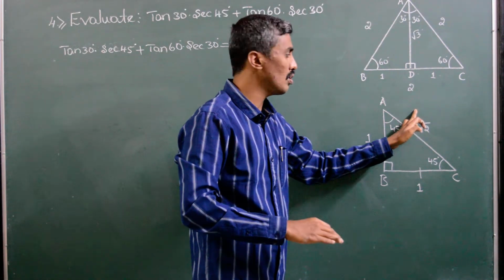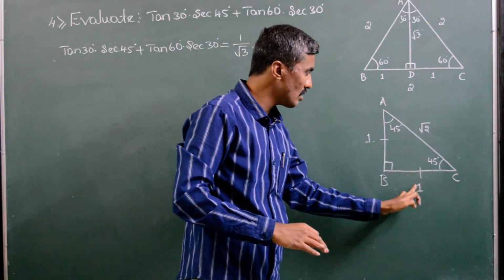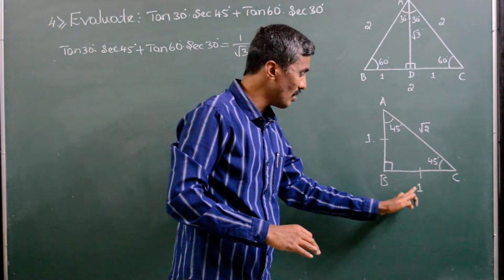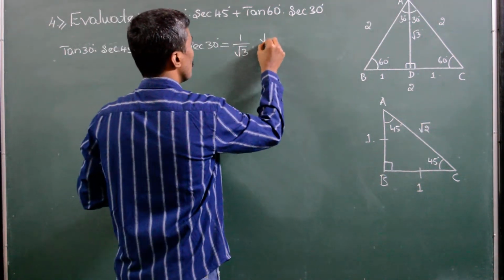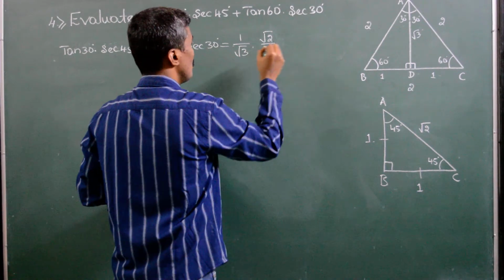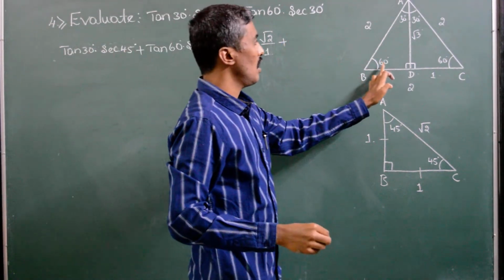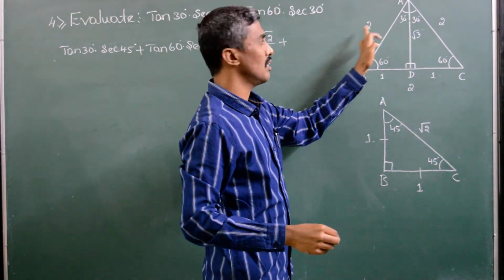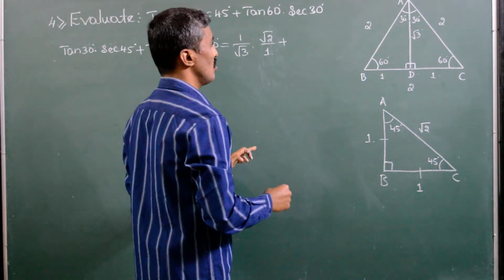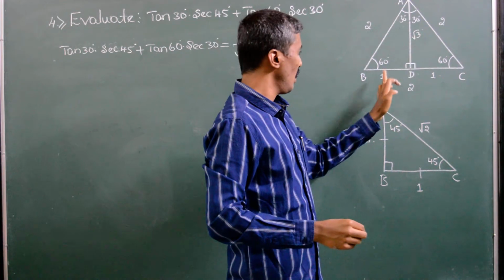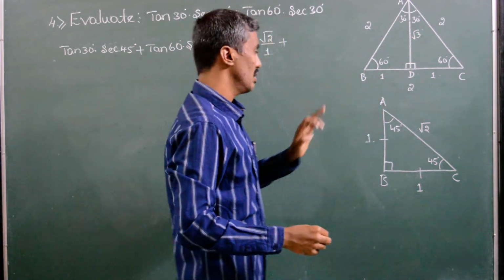So secant theta is hypotenuse divided by adjacent, root 2 divided by 1, root 2 by 1. Then plus tan 60 degree: opposite side by adjacent side, root 3 by 1.